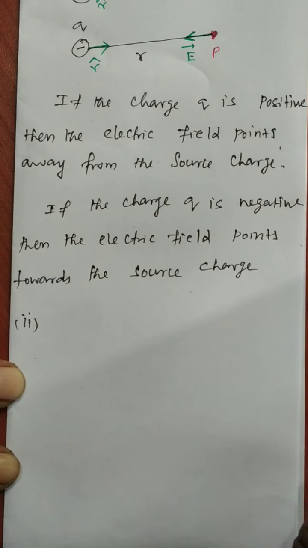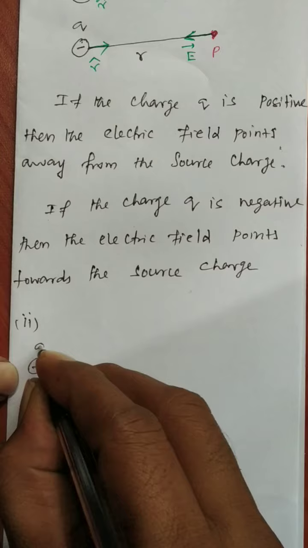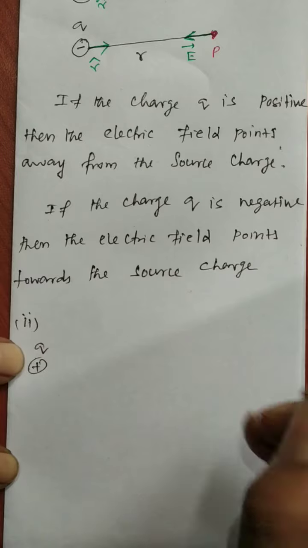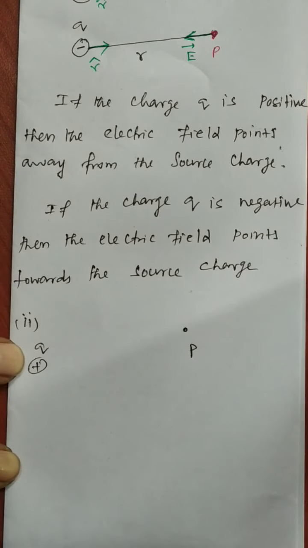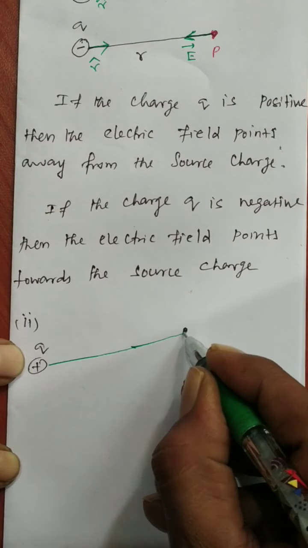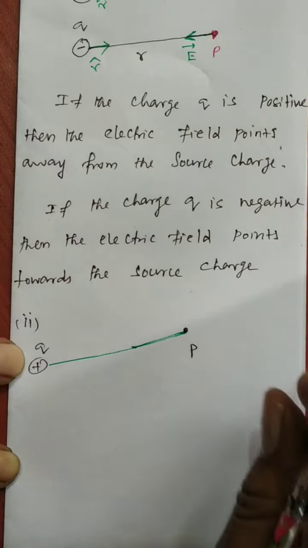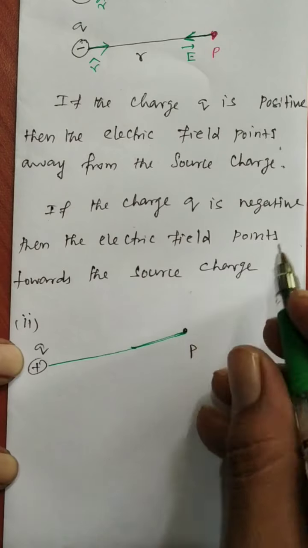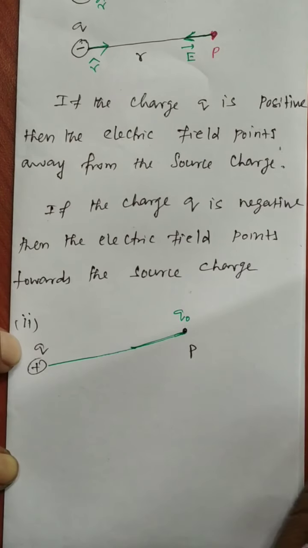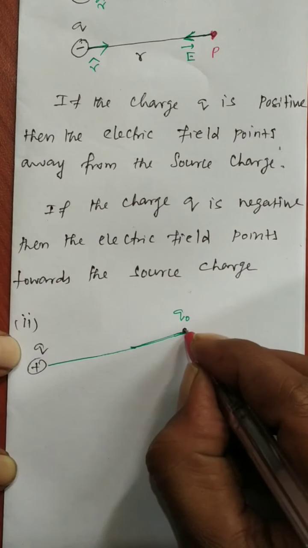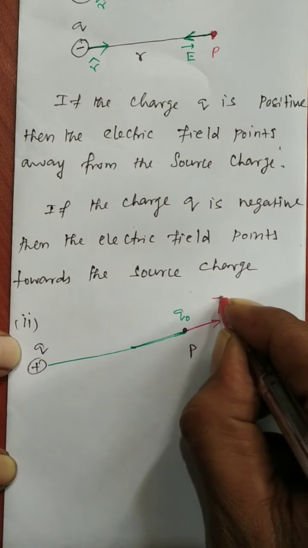Suppose we take the positive charge Q. We can take the same point P, which has the distance r from the source charge to this particular place. There is an electric field E vector acting away. We consider a test charge Q naught here.